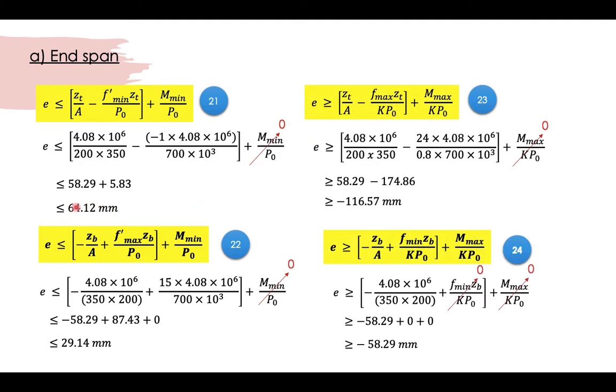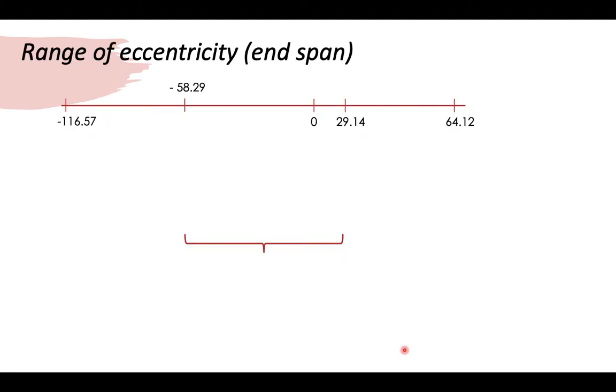So these are the values that are given in the range of inequalities. So we have e less than or equal to 64.12, e less than or equal to 21.14, and also negative 116.57 and also negative 58.29.